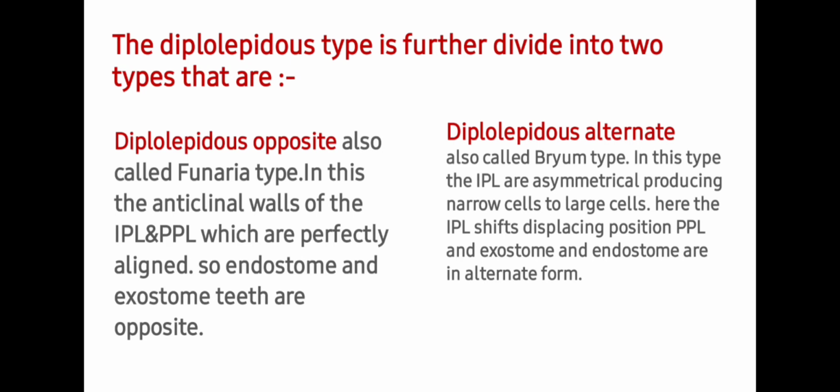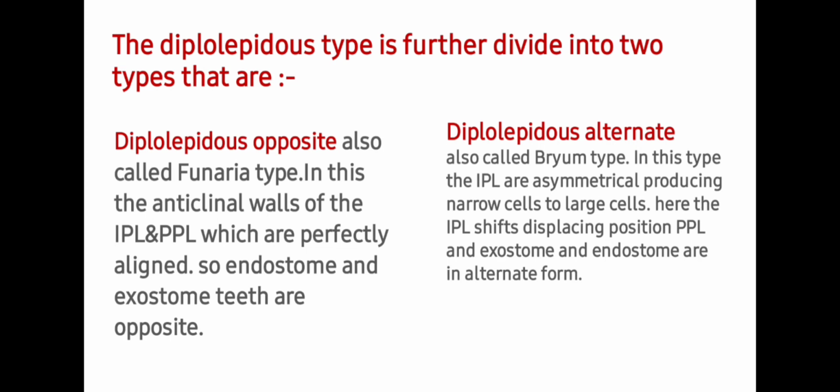So students, the diplolepidous type is further divided into 2 types, that are diplolepidous opposite and diplolepidous alternate. In opposite, which is present in the Funaria type, the anticlinal walls of the inner peristomial layer and primary peristomial layer are perfectly aligned. So endostome and exostome teeth are opposite.